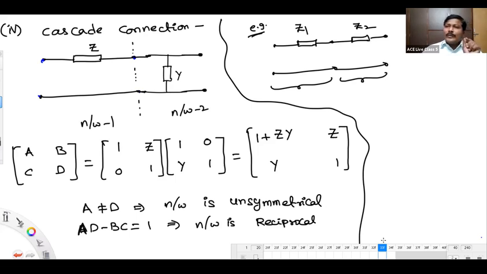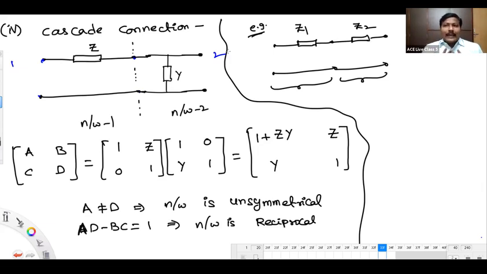If the network looks to be the same on both sides, then it will be symmetrical. For example, take port 1 and port 2. First you should trace from port 1 to port 2, then you trace from port 2 to port 1. If the trace is the same in both directions, then you can call it a symmetrical one.